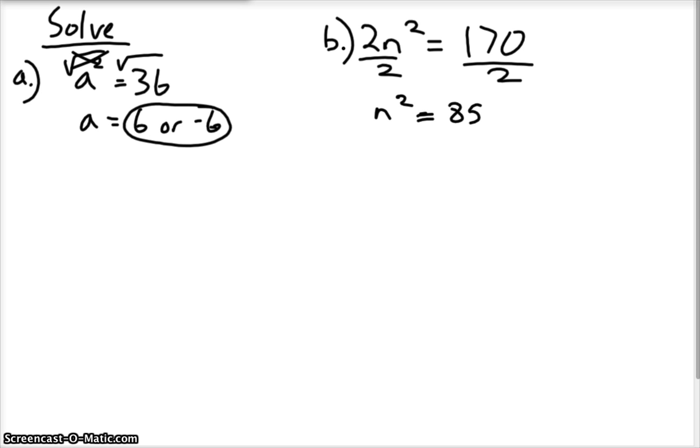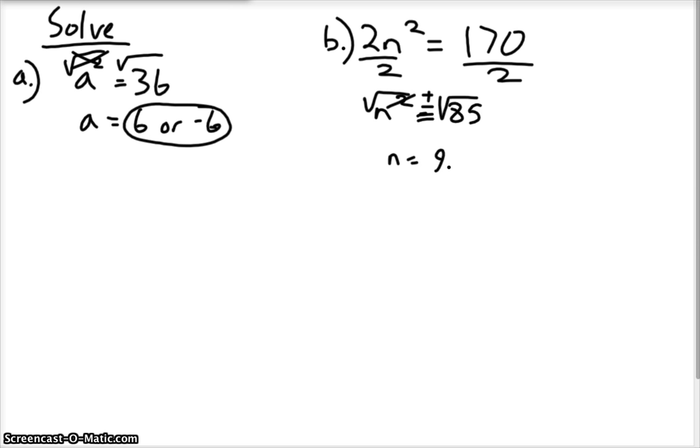Alright, and so now we do our square root. And it is going to get ugly. Cancels out. So we have n equals the square root of 85. And remember, we're dealing with our plus or minus because either number would work. So 85 square root, and we want to round it to the nearest, does it say?